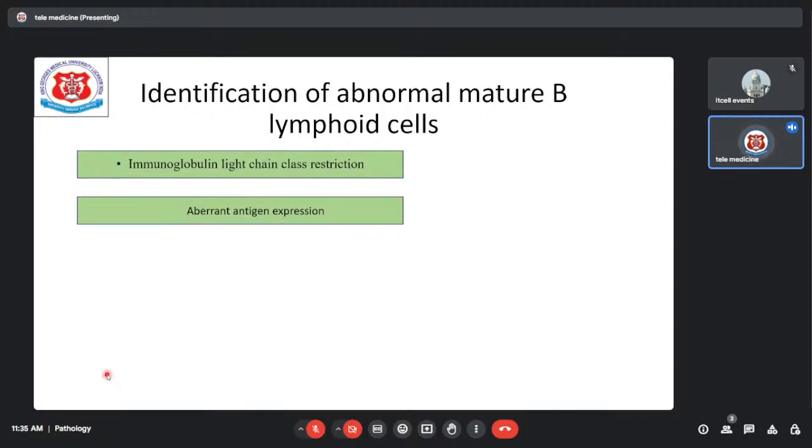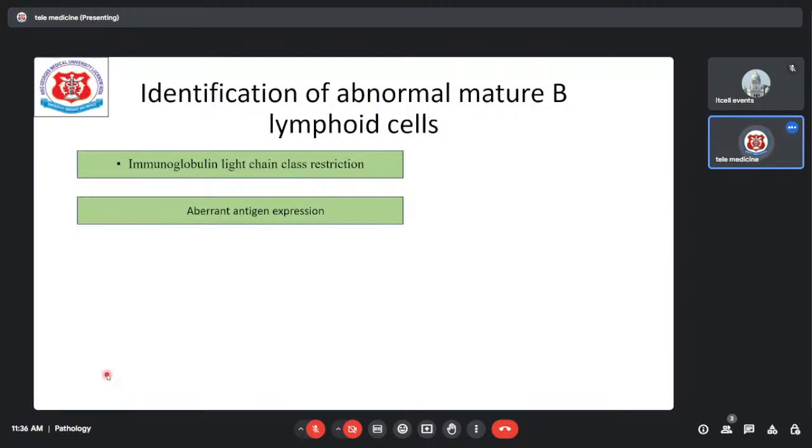If they start expressing in a particular lineage, like CD5, which is a T cell marker, it should not come in the B cells. But if your B cells start expressing CD5, it is abnormal. Suppose there is CD20 and there is loss of CD20 in certain B cells, then you know that your population is abnormal.